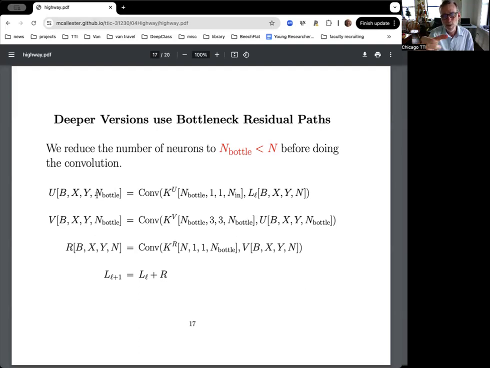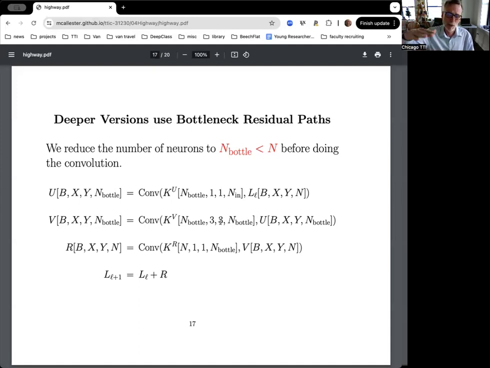Then, when we have images with the same spatial dimensions, but only 64 neurons at each position, we're going to do a convolution. In Kaiming He's paper, all the convolutions were 3 by 3. And in modern networks, they're only 3 by 3 convolutions. There are lots of reasons for that. The big reason is we're going deeper.